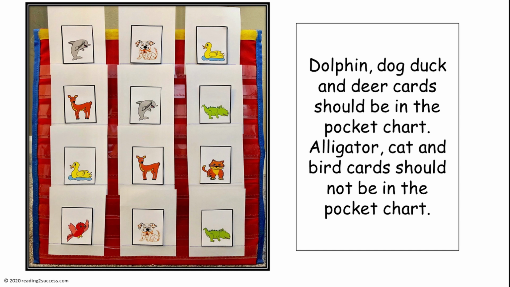Have children leave only the cards that begin with the D sound and take away the others. So dolphin, dog, duck, and deer cards should stay in the pocket chart. Alligator, cat, and bird cards should be taken away.